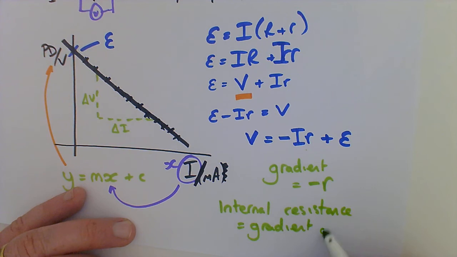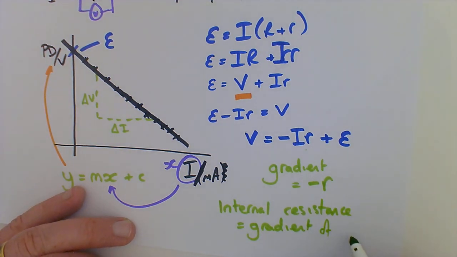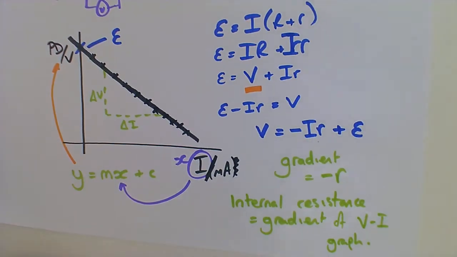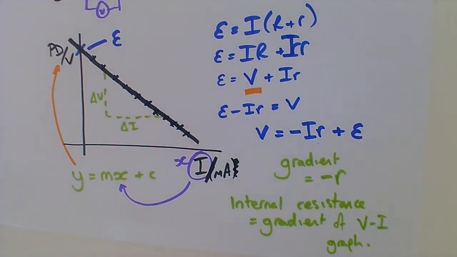It's an IV graph, isn't it, really, to be honest, but it's a VI graph for this circumstance, right? And what was the y-intercept? The y-intercept was the EMF of the power supply.